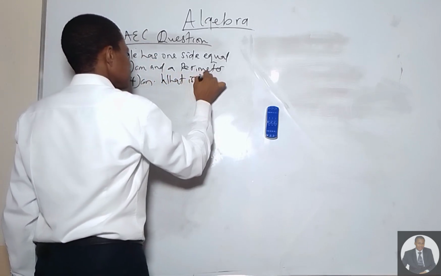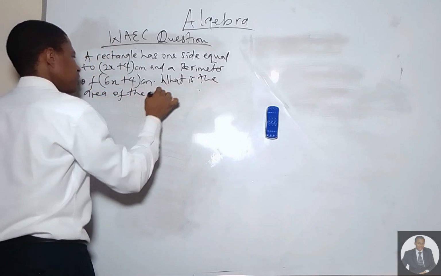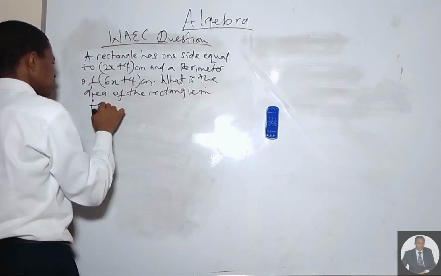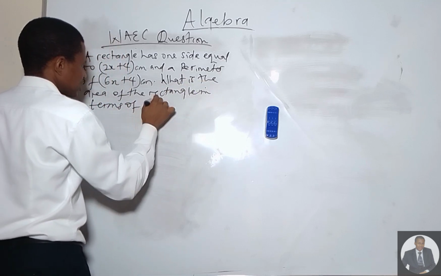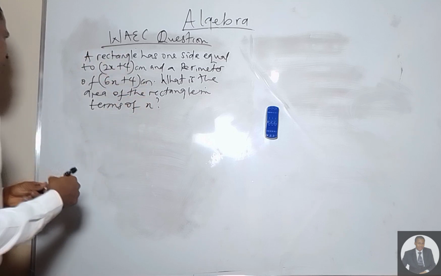What is the area of the rectangle in terms of x? Here we are dealing with perimeter and area.